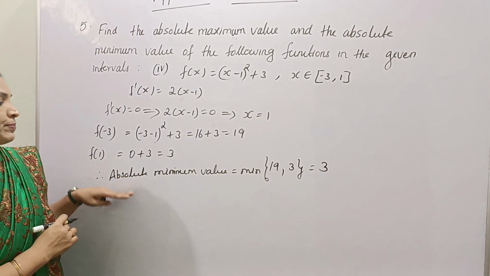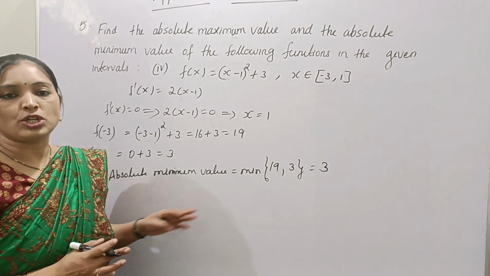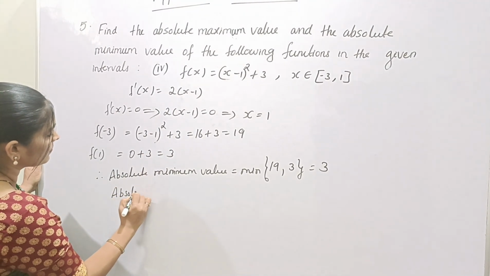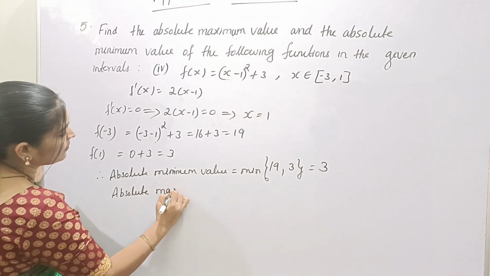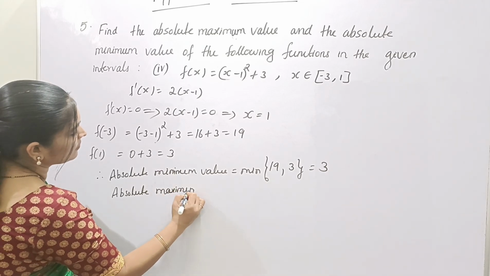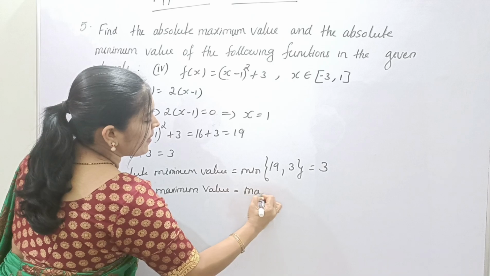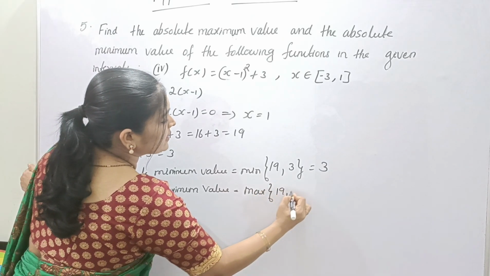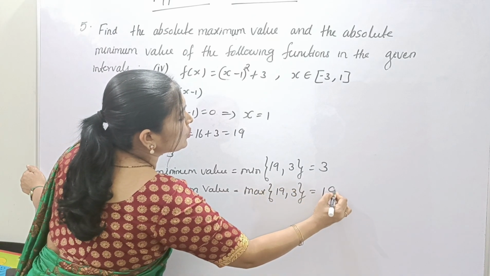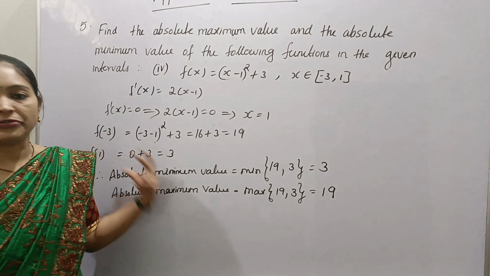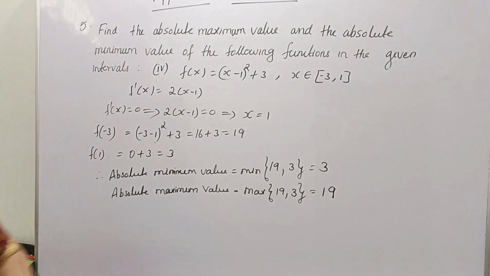That is, the absolute minimum value of the function is 3, and the absolute maximum value is the maximum of 19 and 3, that is equal to 19. Therefore, the absolute maximum value of the given function is 19.